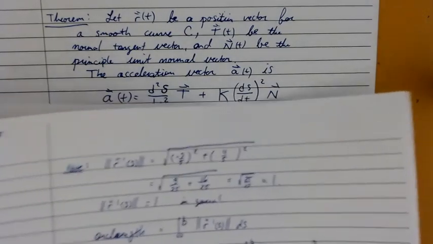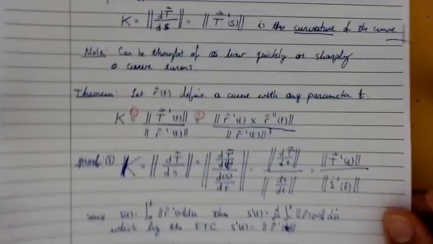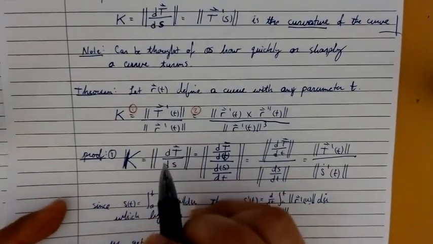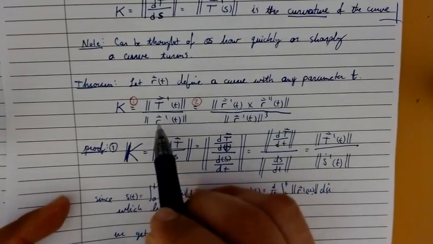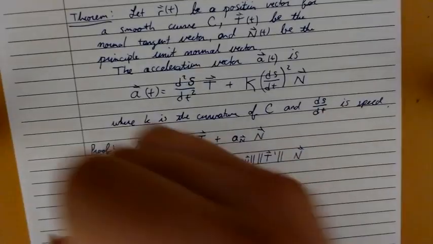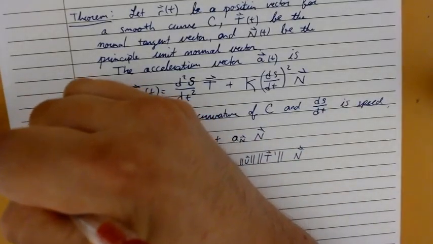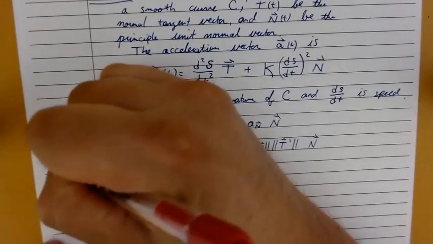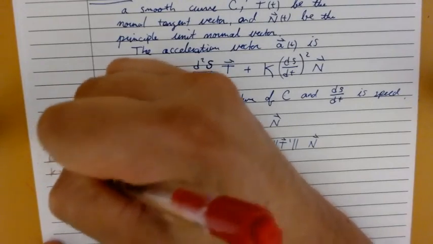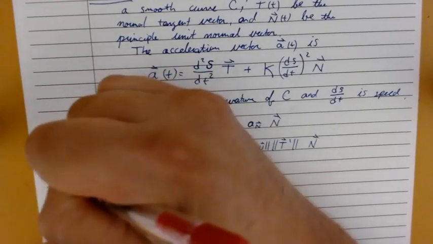now we saw in a theorem earlier in this section that curvature is equal to the magnitude of T prime over the magnitude of r prime. All right, so let's go ahead and state that over here. Recall, curvature is equal to the magnitude of T prime over the magnitude of r prime.